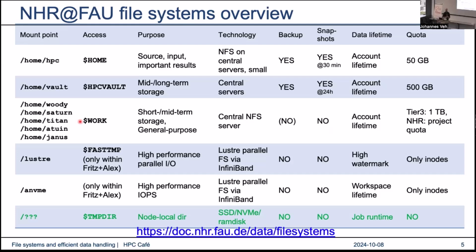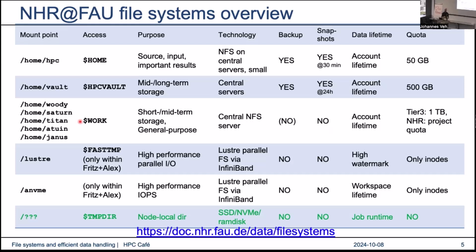Then we come to the systems which are not available on all our compute nodes or in all our ecosystem. So we have Lustre, which is a fast parallel file system available in Fritz and Alex, so only in the newer clusters. This file system is built for parallel I/O, so for code which runs many threads which need access to a single file or a low number of files.